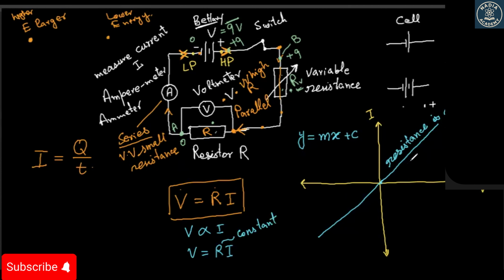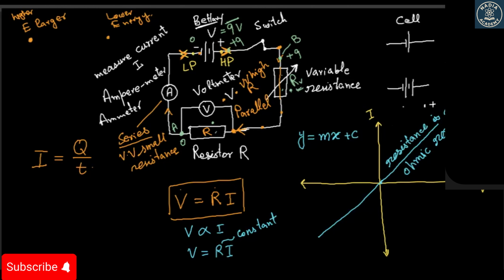So if this straight line is there, it is telling us that the potential difference and current are directly proportional to each other, and resistance is constant. So if resistance is constant, then we would say that is an ohmic resistor. Got it? The resistor is ohmic.